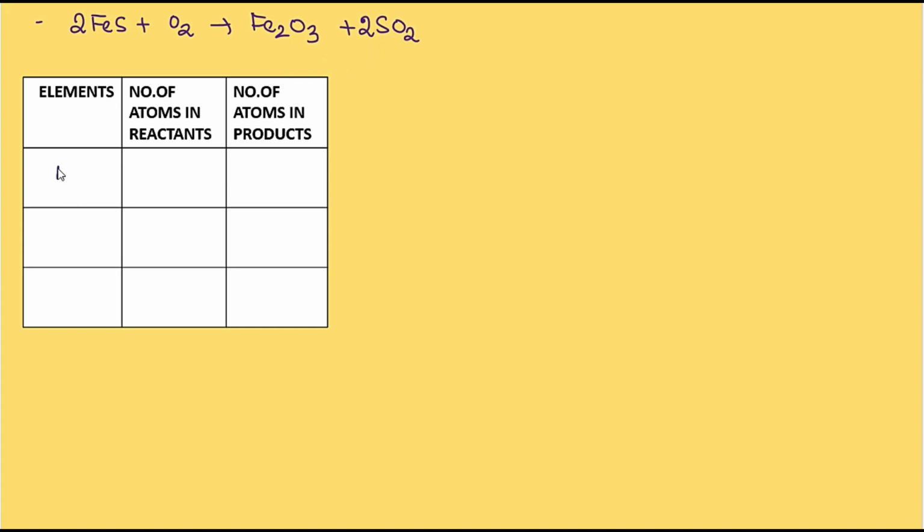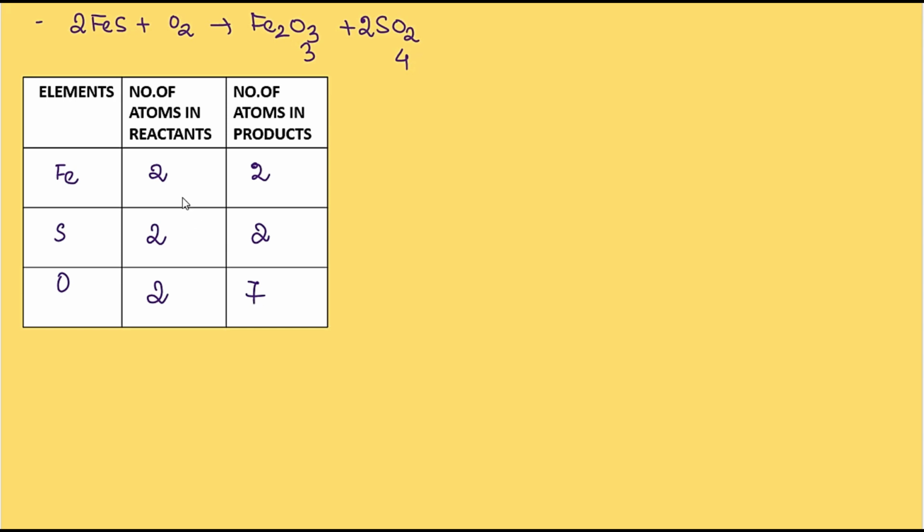So the elements are Fe, sulfur, oxygen. Iron is 2 in the reactant, 2 in the product; sulfur is 2 in the reactant, 2 in the product; and for oxygen, 2 in the reactant, and this is 3, and 2 into 2 is 4, that is 7 in the product.